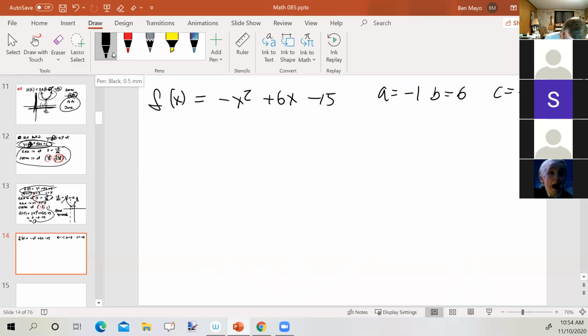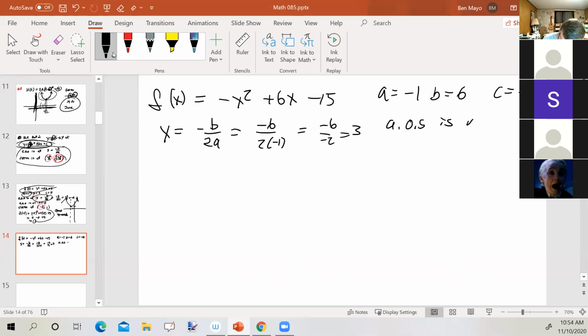Okay. So x equals negative b over 2a would be negative 6 over 2 times negative 1, which is 3. So the axis of symmetry is at x equals 3. The vertex is at 3, comma, f of 3.